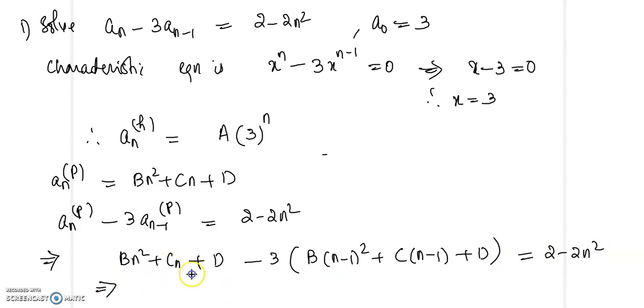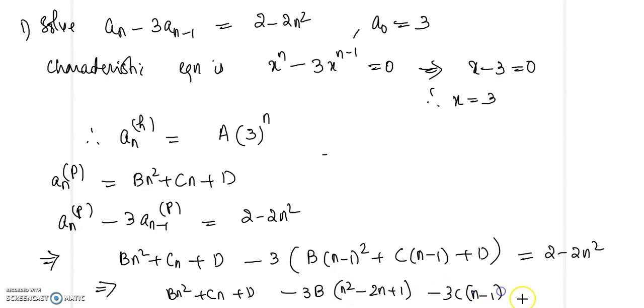So now that will be bn squared plus cn plus d minus 3b times (n squared minus 2n plus 1) minus 3c times (n minus 1) minus 3d equal to 2 minus 2n squared.